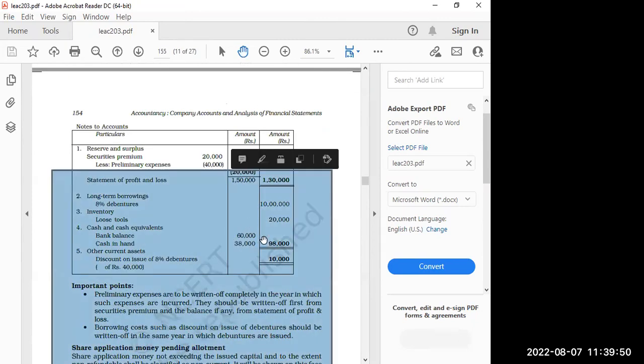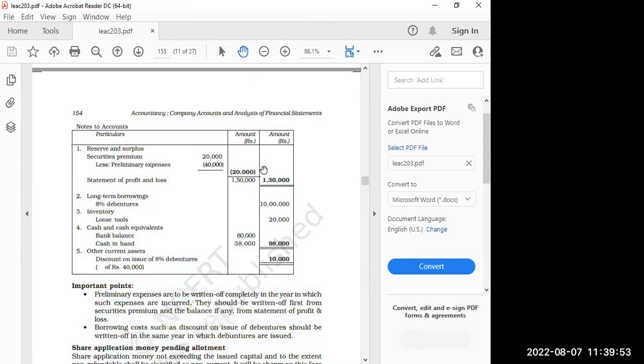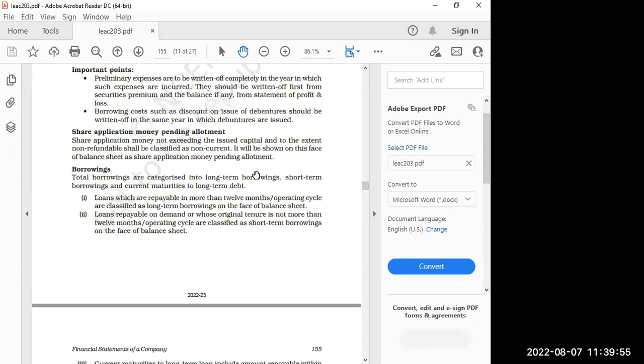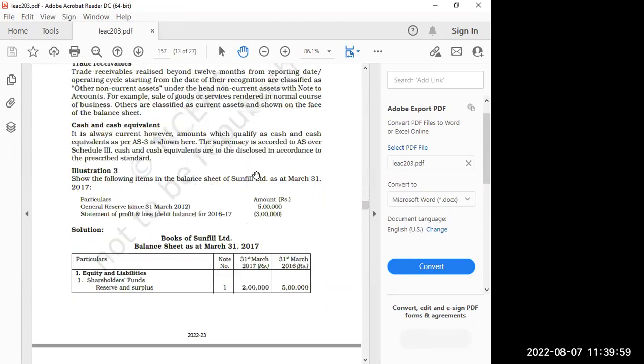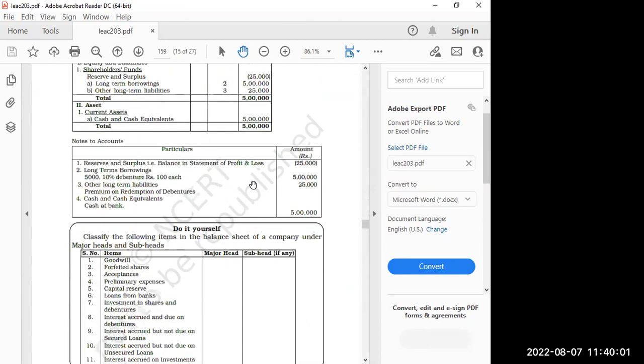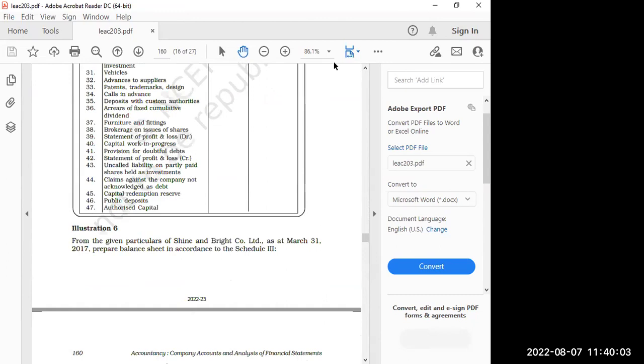This is what we discussed now. Is it the same file we discussed, or is it different? No, just give me a minute.